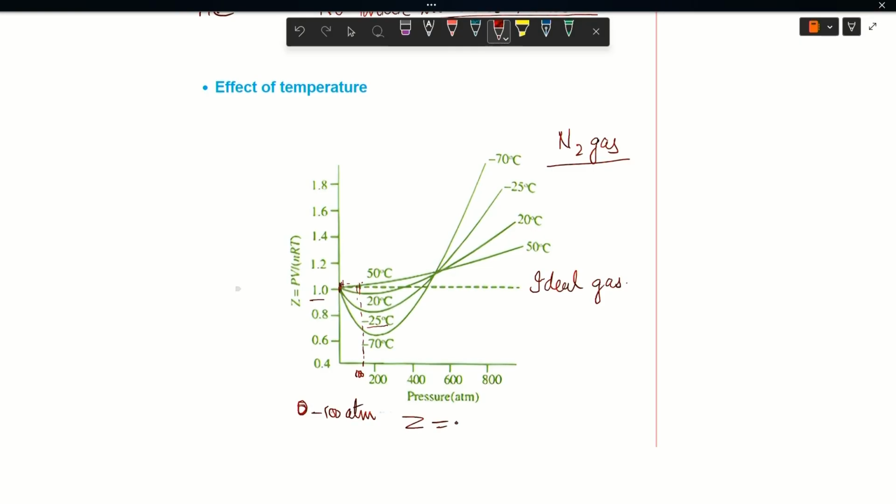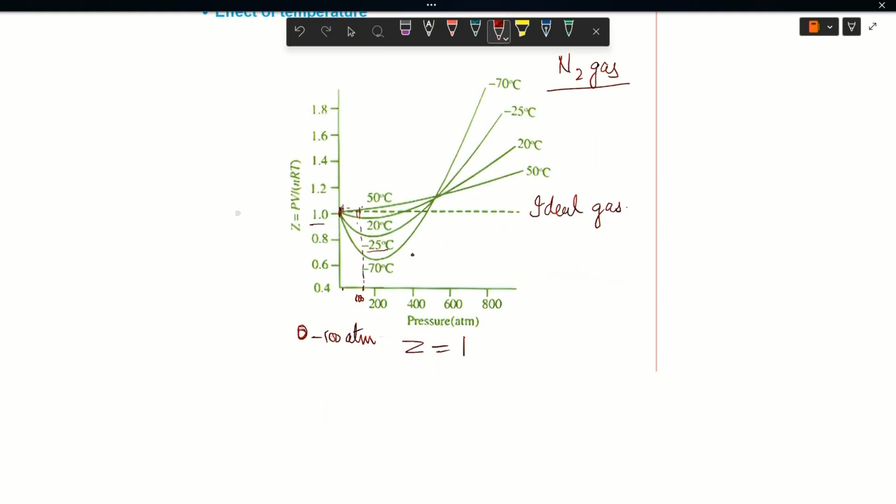The value of Z at this condition is equal to 1. You can see that in this case, the nitrogen gas behaves ideally at the pressure range 0 to 100 atmospheres, and the temperature is 50 degrees Celsius.